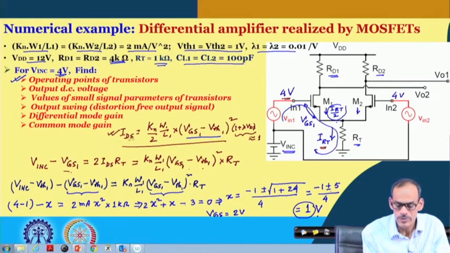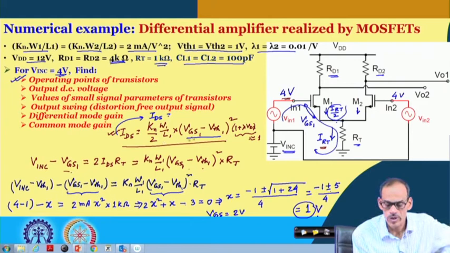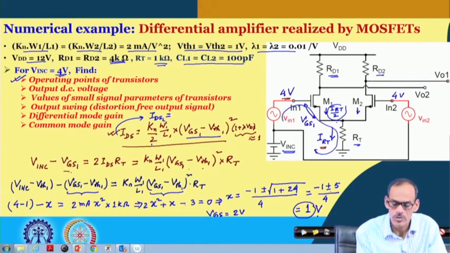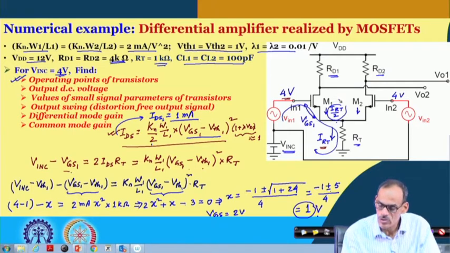And in fact, from that here we can say that IDS equals, this part is 2 milliampere per volt square, this part is 1 and this is 2. So, that gives us IDS 1 equals 1 milliampere. Good. So, we got this IDS equals 1 milliampere.